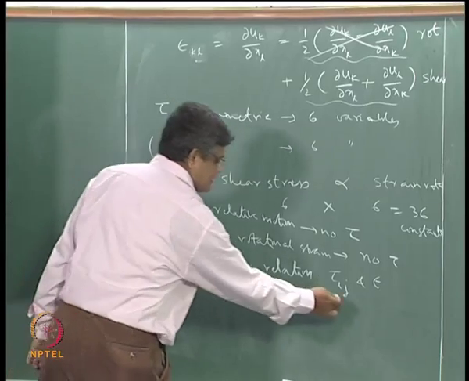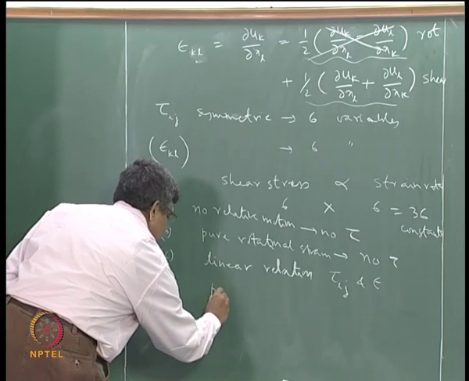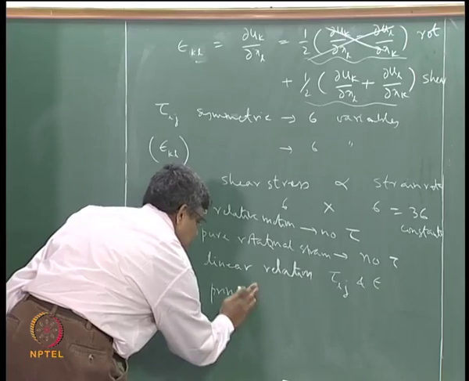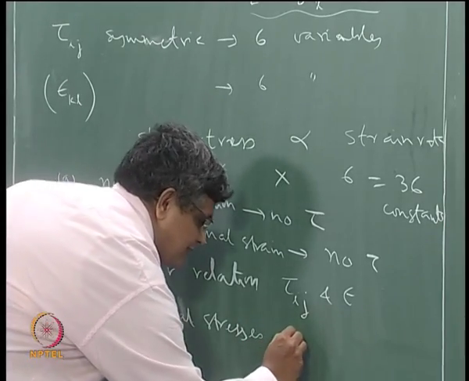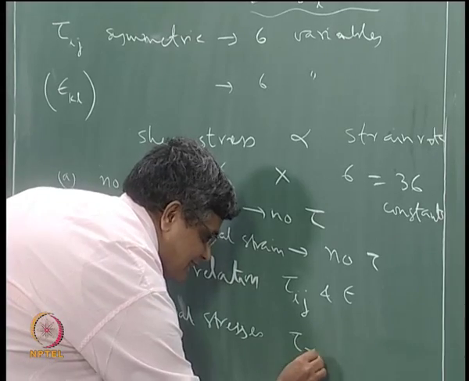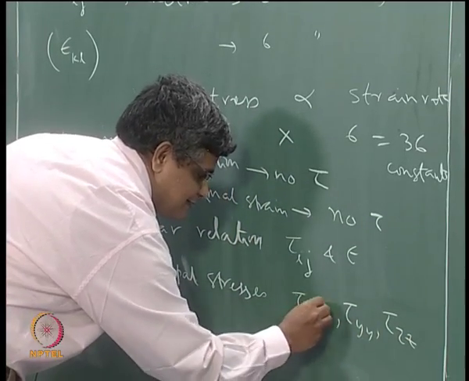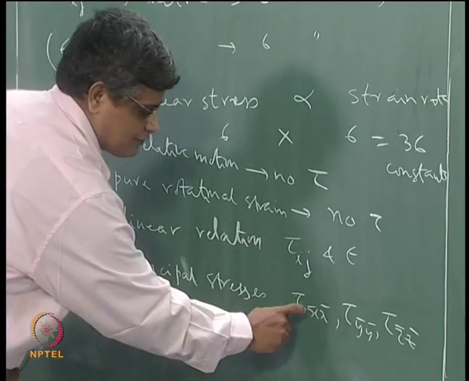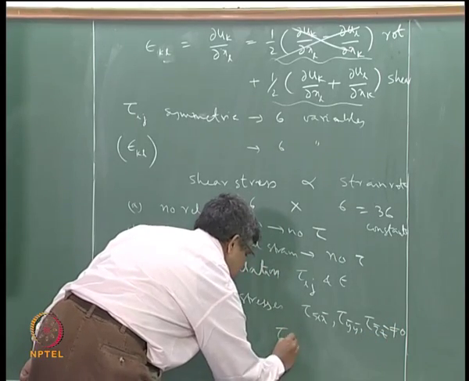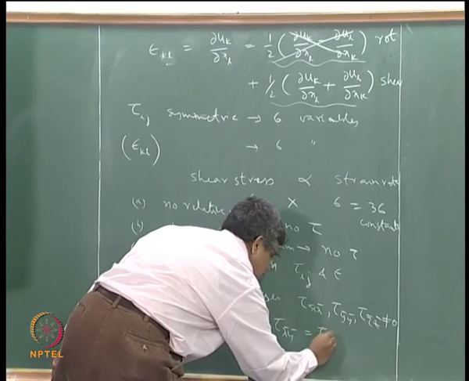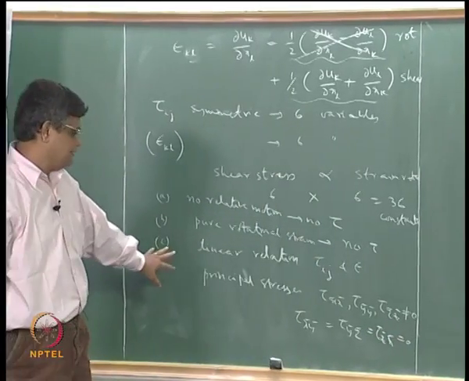Any tensor can be converted into a principal coordinate frame, in which only tau xx, tau yy and tau zz in the new coordinate frame x bar, y bar, z bar are non-zero, and tau x bar y bar equal to tau y bar z bar equal to tau z bar x bar are 0. So, this is the principal stress directions.